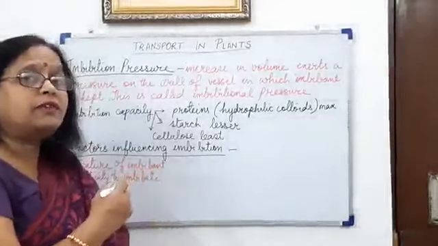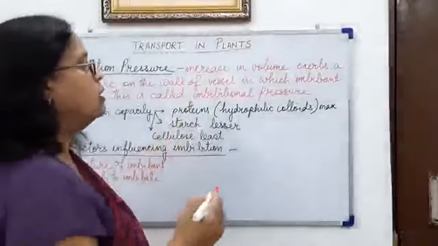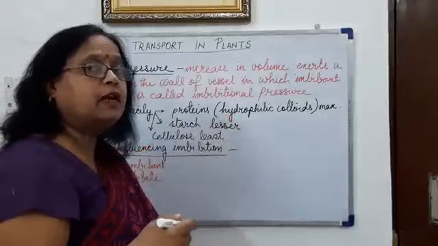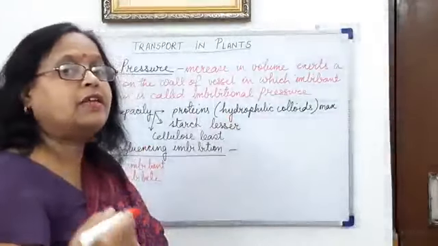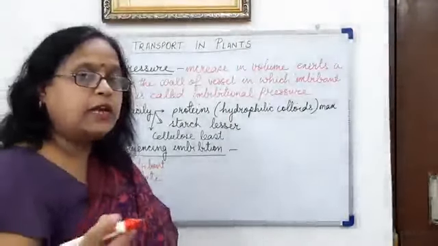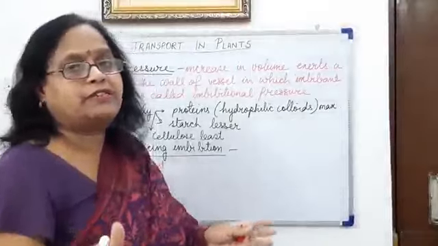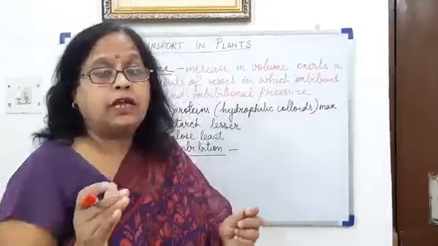Now, as we have seen, when imbibition takes place, the volume of the imbibant increases. When the volume increases, it exerts a pressure on the wall of the vessel in which the imbibant substance is kept.